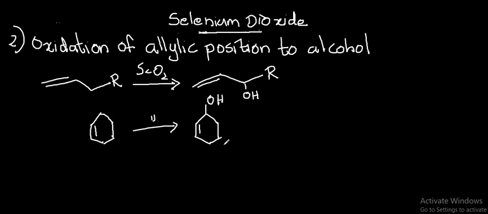Then allylic oxidation follows a set of rules. What are the rules? First one: if olefins are alkyl substituted, then the alpha position of the highly alkylated sp2 hybridized carbon preferentially undergoes oxidation.